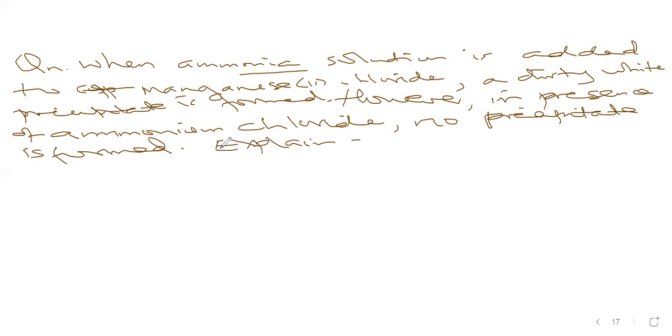Good questions that really test your understanding, and they usually carry very many marks, minimum 4, up to 6 marks. What do you have to say? Why is it that when you add ammonia solution to manganese 2 chloride, a dirty white precipitate is formed?